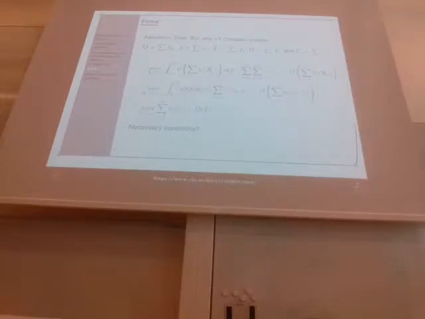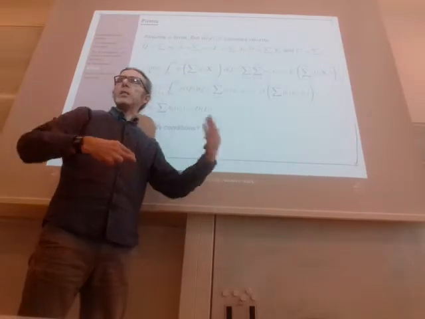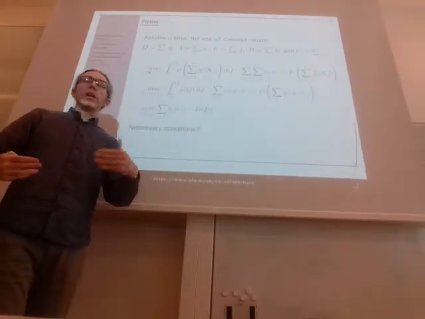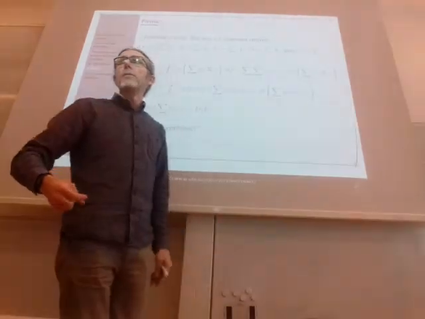But then this is just 1, isn't it? Because it's a summation. Emissions are the sum of F1, F2, F3. So dE by dF1 is just 1. You add 1 unit to F1, you're going to add 1 unit to emissions.